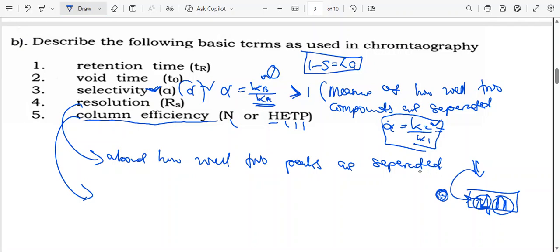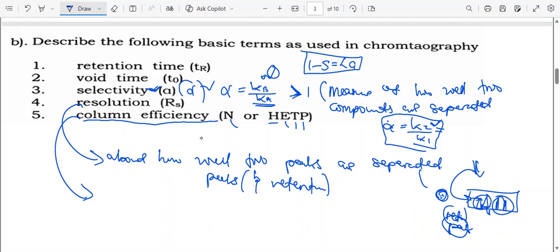Resolution depends on the peaks and on the retention time, which is the time taken for them to appear on the chromatograph.